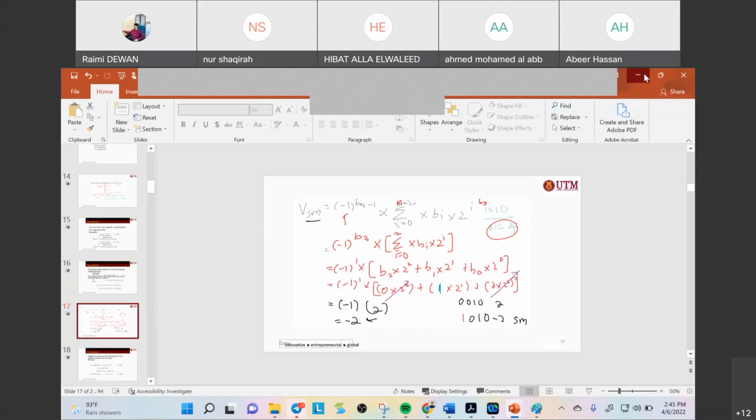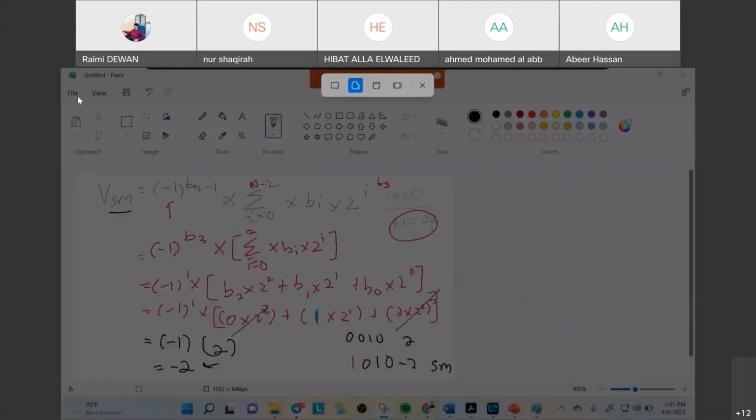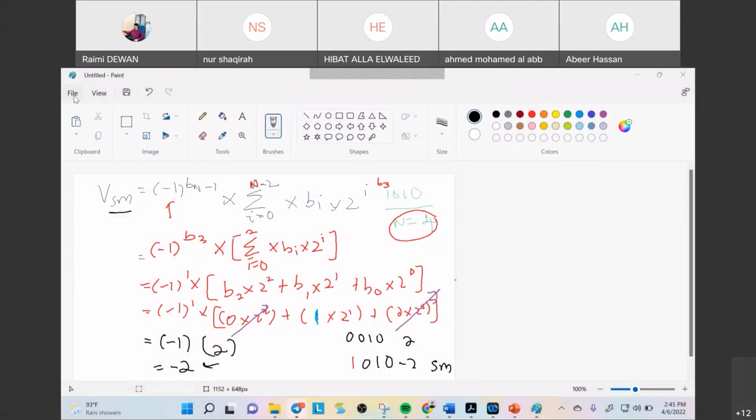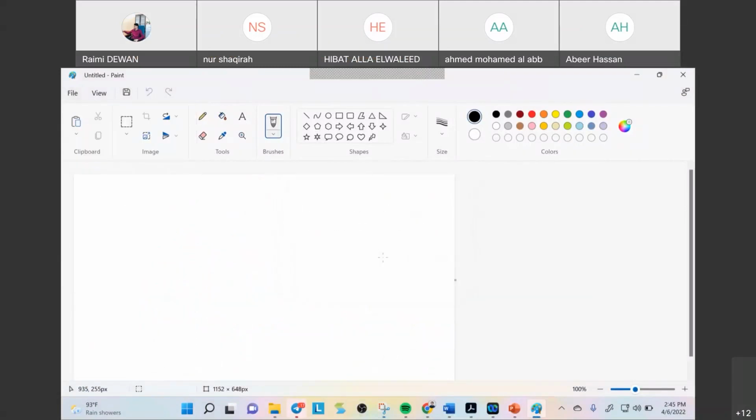We have studied this sign magnitude. Sign magnitude is not perfect. One of the drawbacks is that it cannot differentiate positive 0 and negative 0.